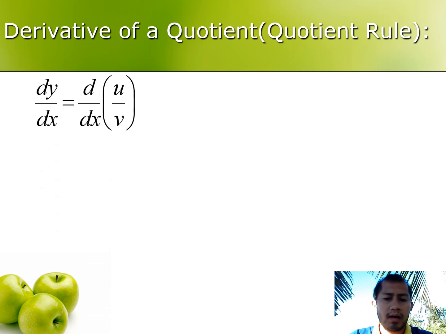Now, let's go to the derivative of a quotient, or the quotient rule. In this case, we need to have a numerator and a denominator so that it qualifies as a quotient.